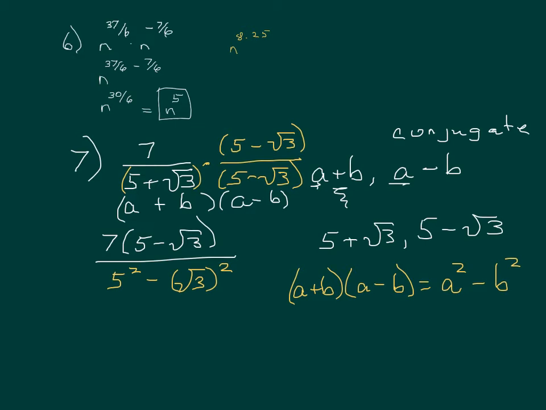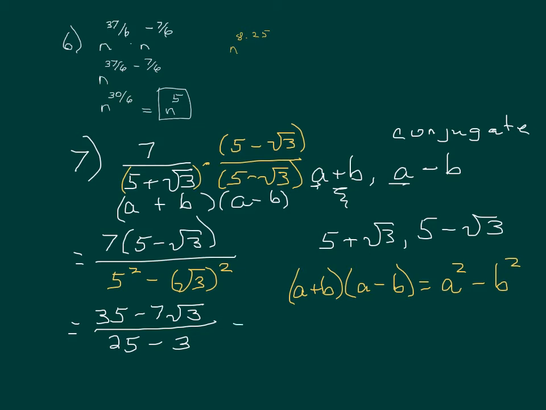So your numerator, we distribute that 7 and we get 35 minus 7 square root of 3. Let me put equal signs. Over 25 minus 3, because the square root of 3 squared is 3.